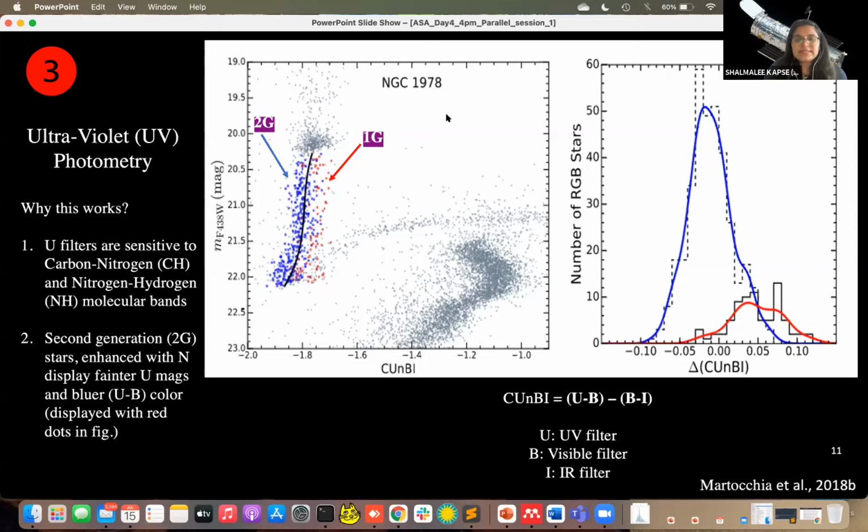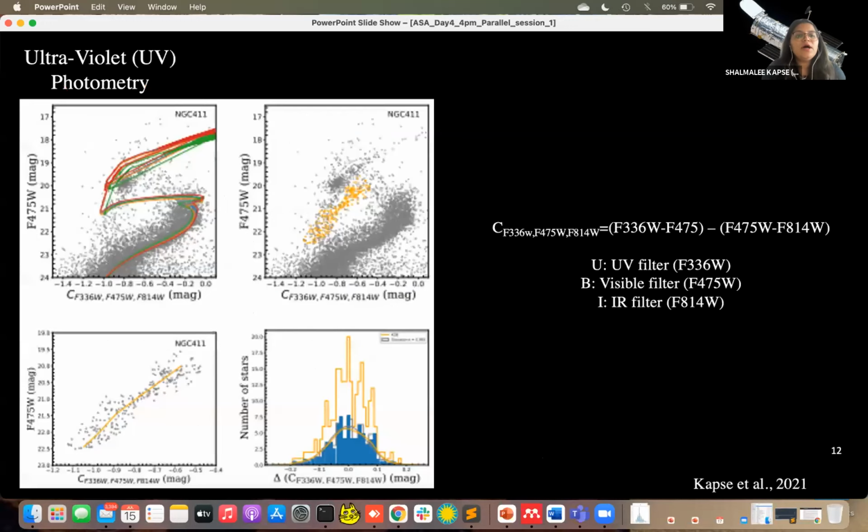This example of NGC 1978 shows bimodality in its RGB stars. We also studied this in the case of NGC 411. We unfortunately didn't have the extreme U band filter, but we managed with F336 U filters and other B and I filters. But we couldn't find any presence of multiple populations in NGC 411.